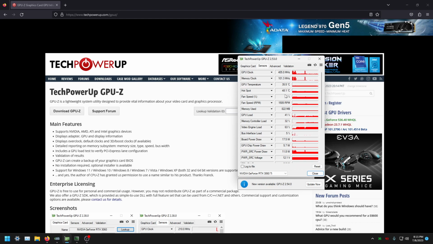The temperature is what could cause thermal throttling, so I would like to have a look at these two parameters. There's a couple of degrees difference between the GPU temperature and the hotspot temperature. The hotspot is the main chip, the hottest spot. If this is exceeding above 90, your GPU is going to thermal throttle, and you will see reduced performance.